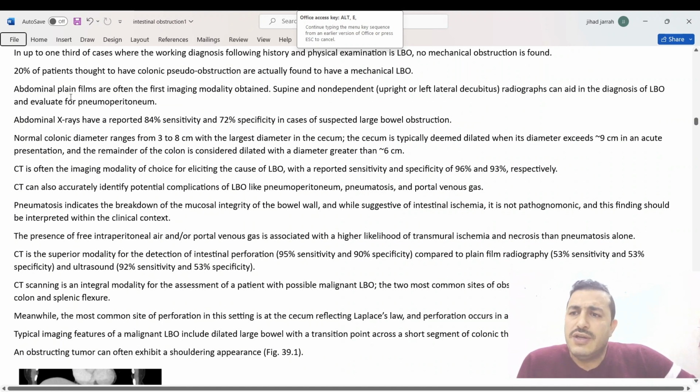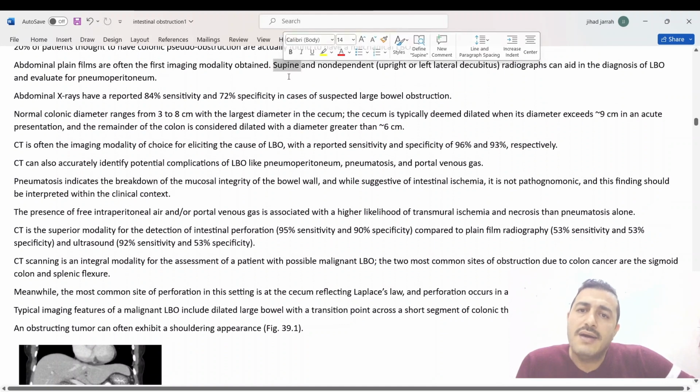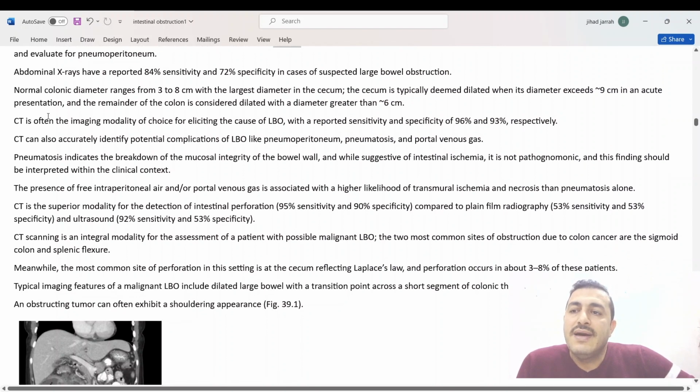Here they explain that we start with the abdominal plain film. We start with the supine view. If we need additional views, we can go for upright, standing. The sensitivity of X-ray is less than the CT scan. Here they talk about the colon diameter.